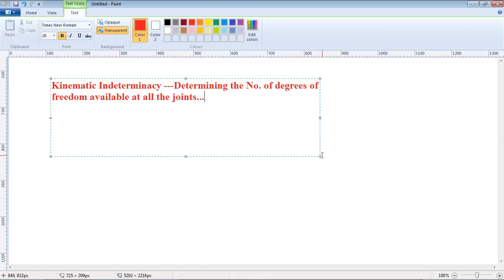But this is actually the effective number of degrees of freedom. It includes both internal degrees of freedom, and it also includes external degrees of freedom.